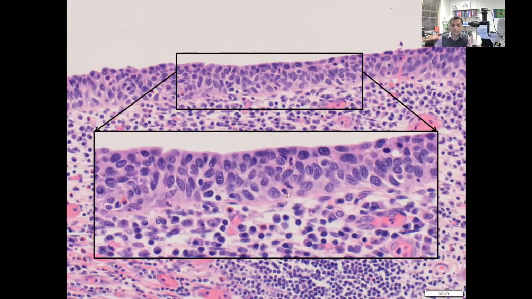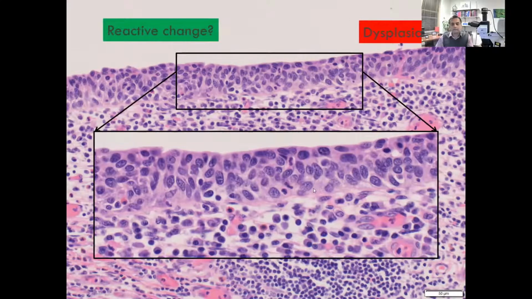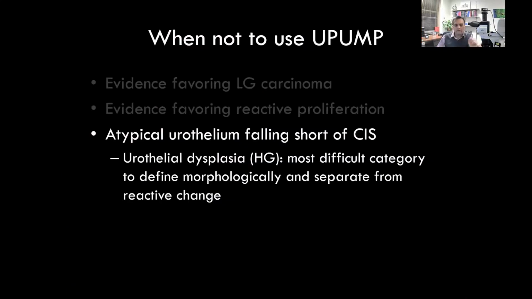However, we already saw a lot of inflammation in the lamina propria, but you also see the neutrophilic infiltration into the epithelium itself. So could all this just be reactive change? So this is a situation in which the diagnosis is very difficult to make, and this is a situation in which the term atypia, urothelial atypia, should be used, something that falls short of dysplasia or CIS. That's where we use urothelial atypia.